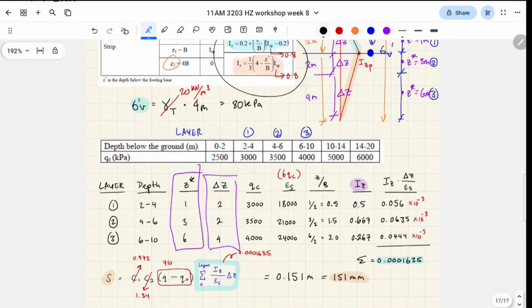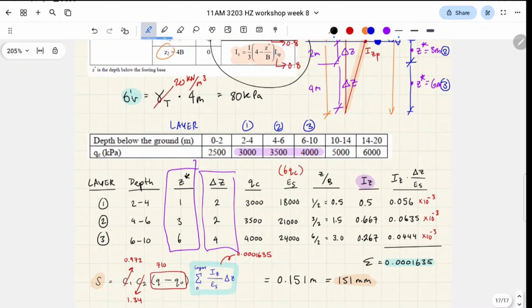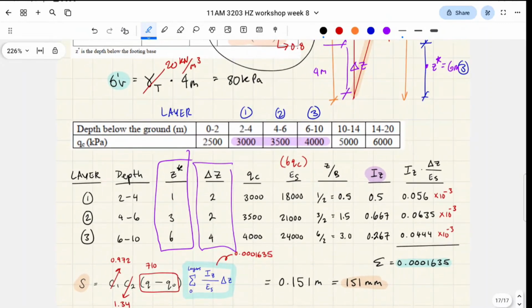So QC, this is also given in the table. So QC values are this second row, okay? Right? And we were dealing with over-consolidated clay, right? Over-consolidated clay has that formula of 6QC specifically.